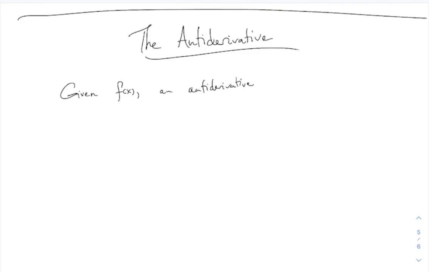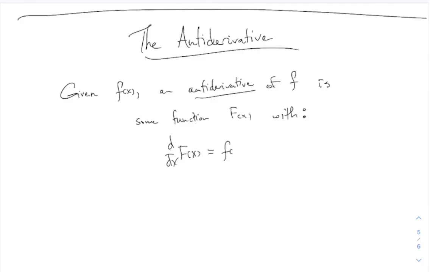An antiderivative of f is some other function, which I will write as big F, with this property. What makes it the antiderivative is that the derivative of the big F is the little f. All right?